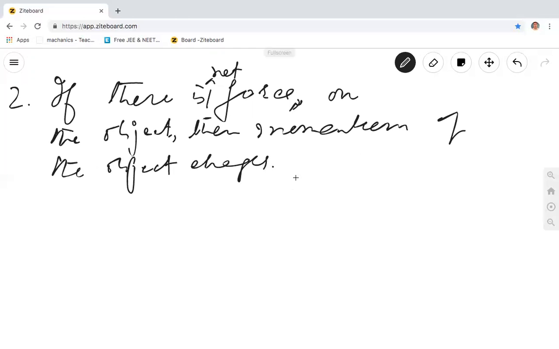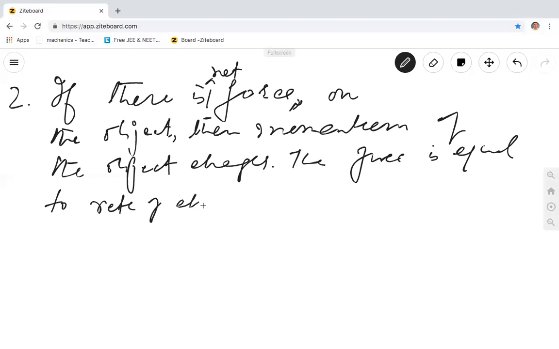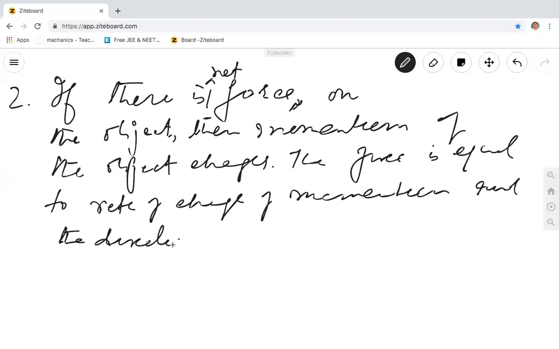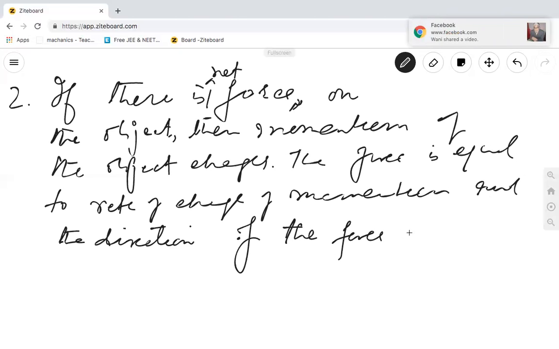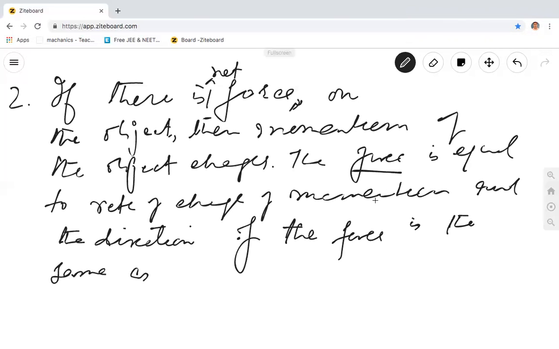Force is equal to the rate of change of momentum.